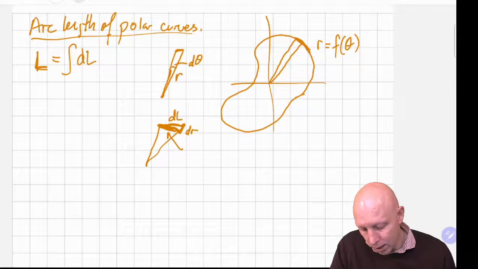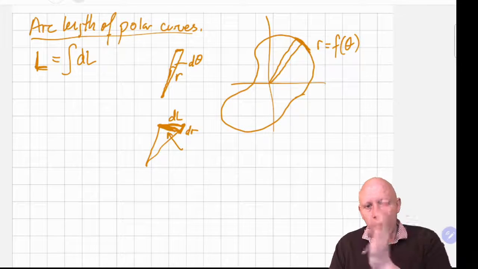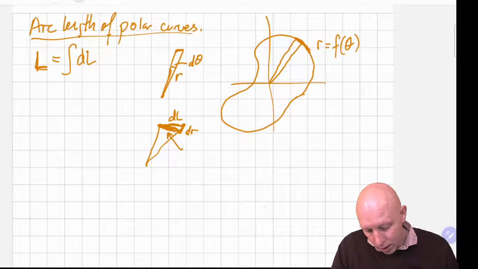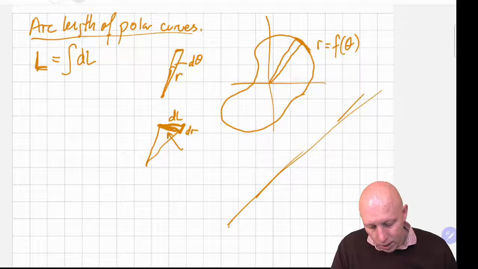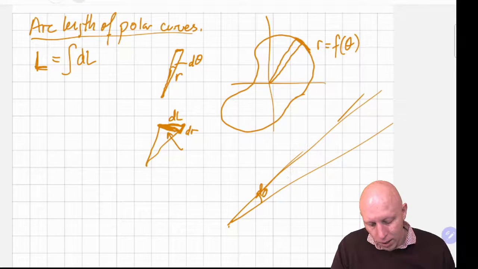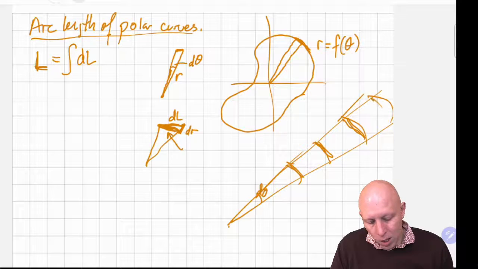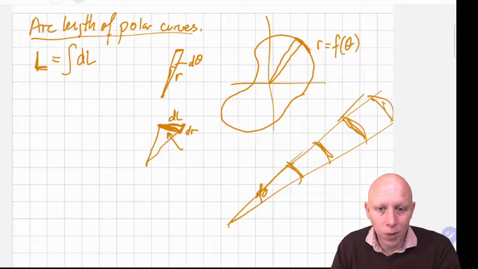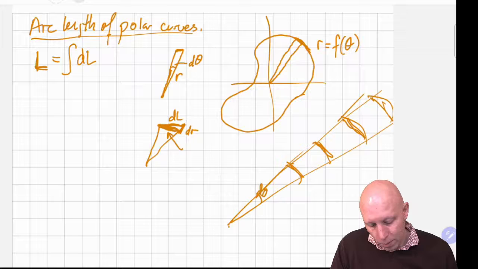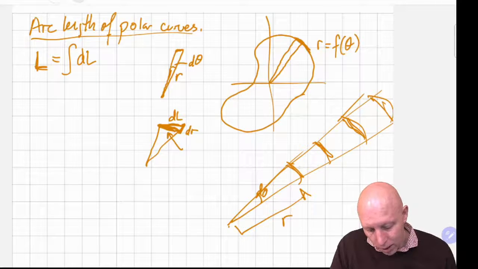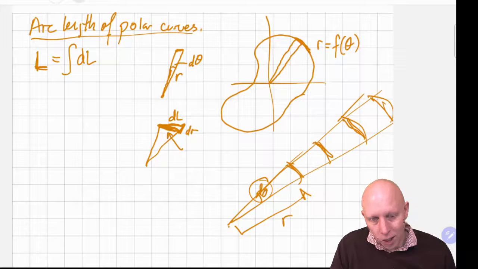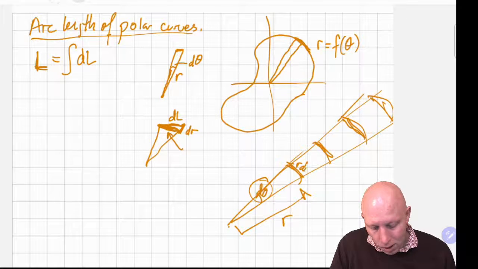D theta is the angle that's swept out. So if this is the angle d theta, then for different distances from the origin, this length is going to be bigger. If you're a distance r away from the origin and you swept out an angle d theta, then this distance is r d theta.